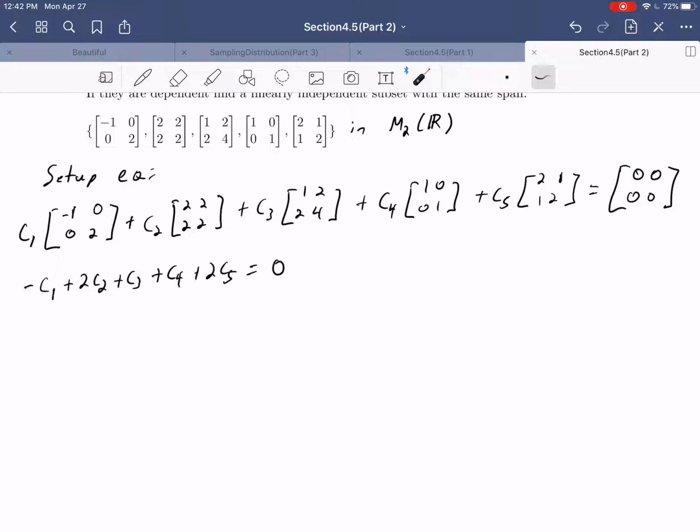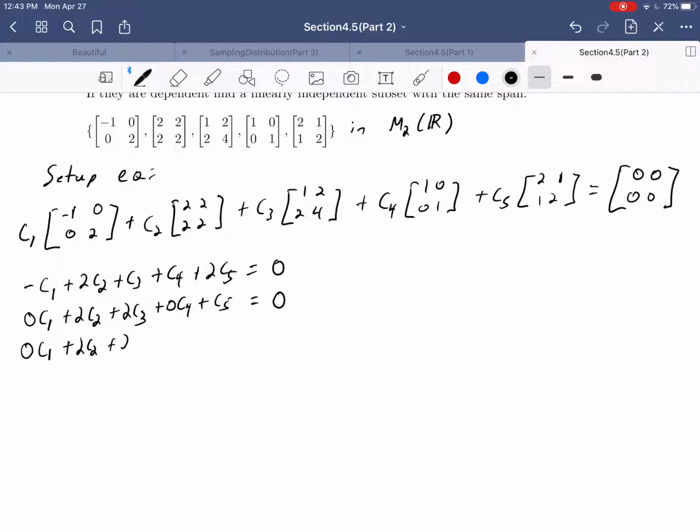Then we would get 0c1 + 2c2 + 2c3 + 0c4 + c5 = 0. Then again 0c1 + 2c2 + 2c3 + 0c4 + c5 = 0. And then we get 2c1 + 2c2 + 4c3 + c4 + 2c5 = 0.